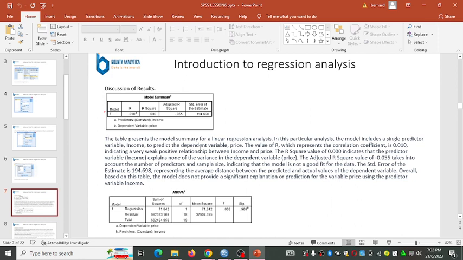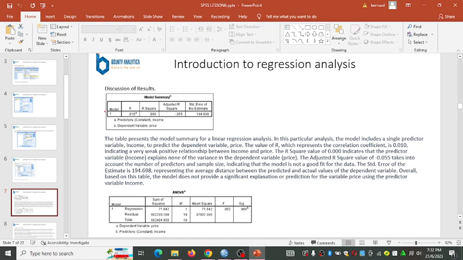To make the matter worse, the R square value is 0.000, which indicates the predictor variable income explains none of the variance in the dependent variable called price.